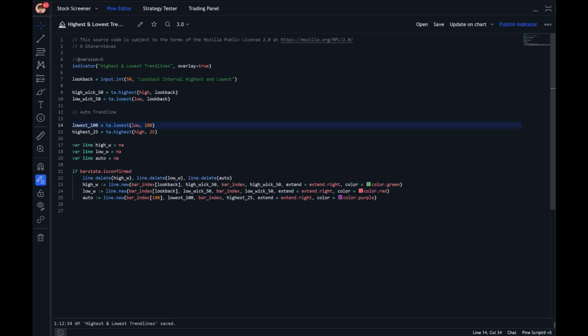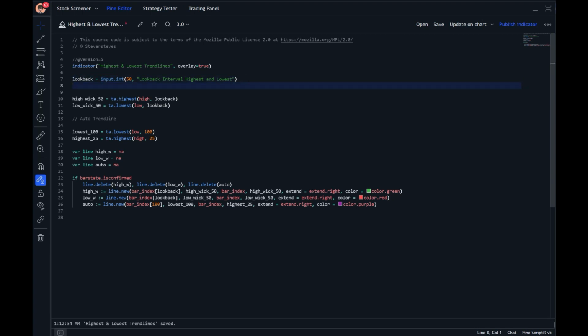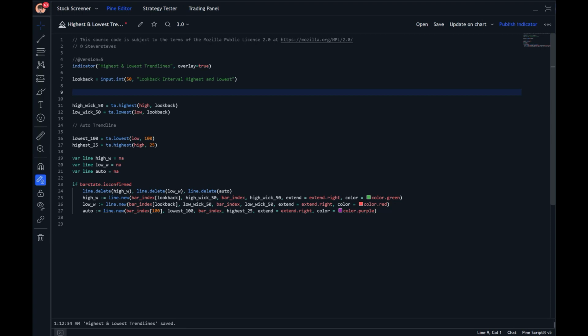Well, what we can do is add the same type of parameters here for our trendline values. But because our trendline values aren't going to be an integer, they're going to be a float value, right? Because we have decimal points in prices, we're not going to use the input integer. We're going to use the input.float.